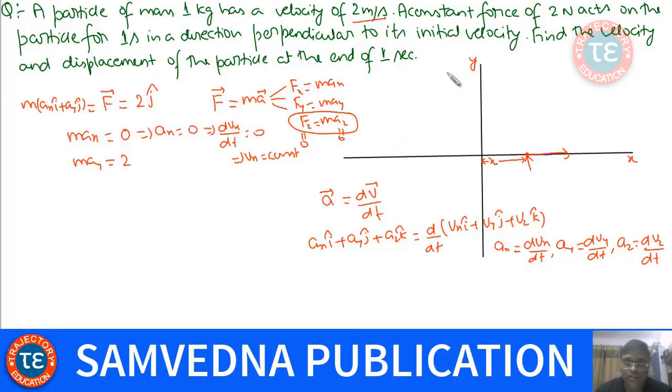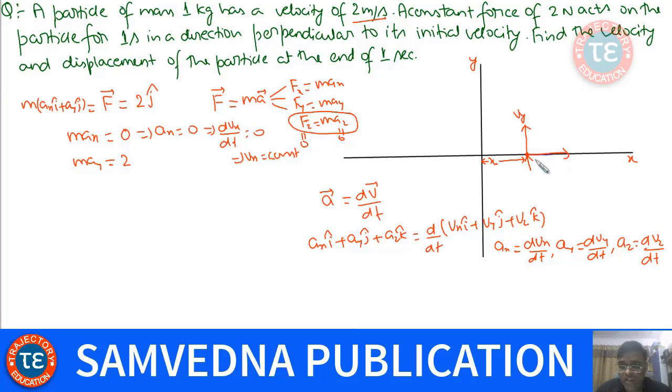Applying force in y direction is not going to affect the motion in x direction. Keep it in your mind. If your force is acting in y direction, it is going to affect motion in y direction only. Here the motion will become two-dimensional.